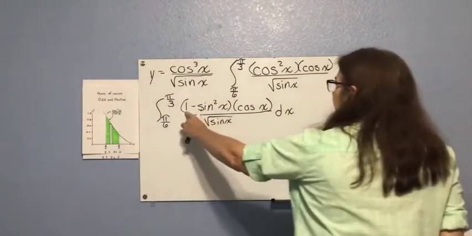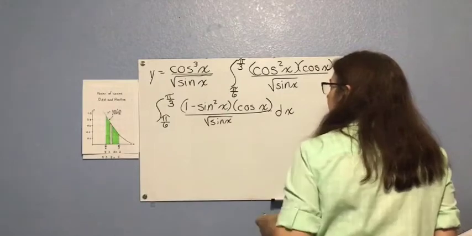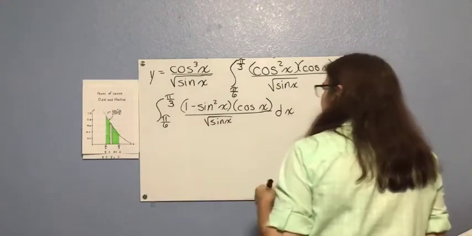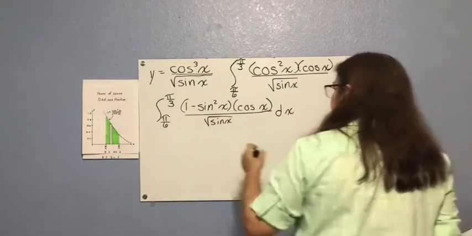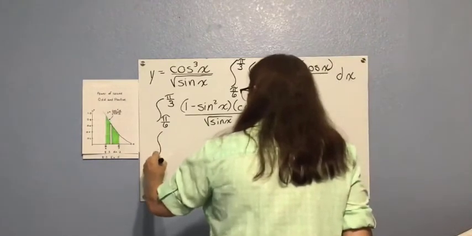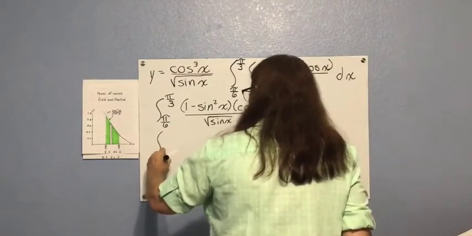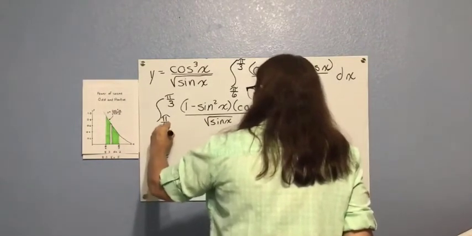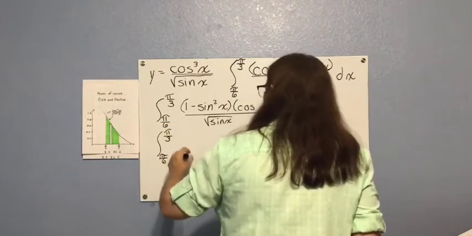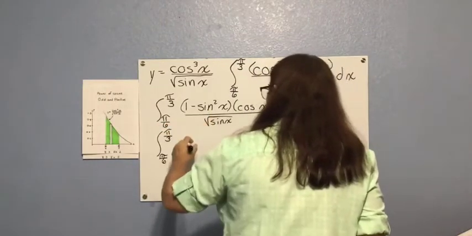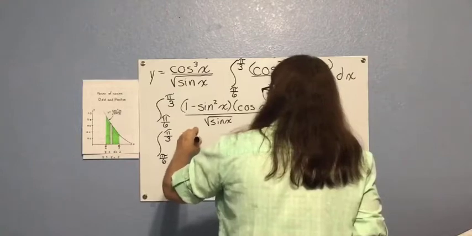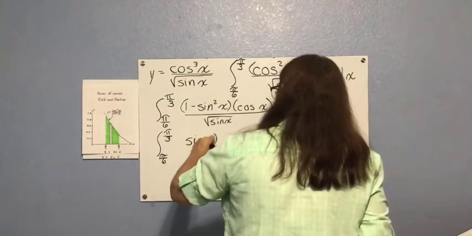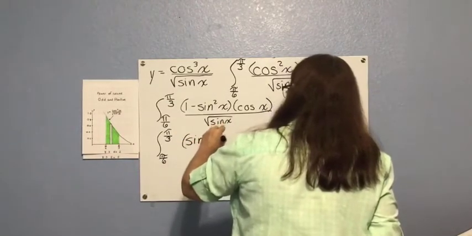Now we're going to divide each of these terms by that square root of sine x. 1 divided by that will give us sine x to the negative 1/2 power.